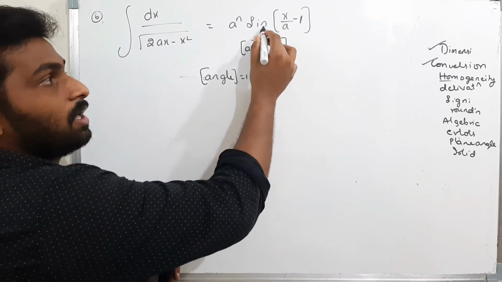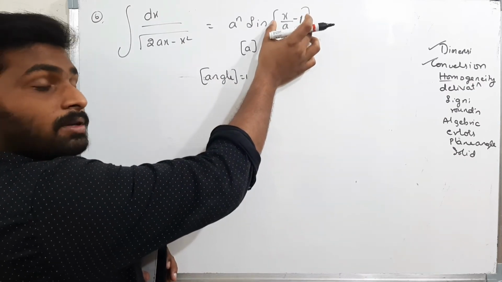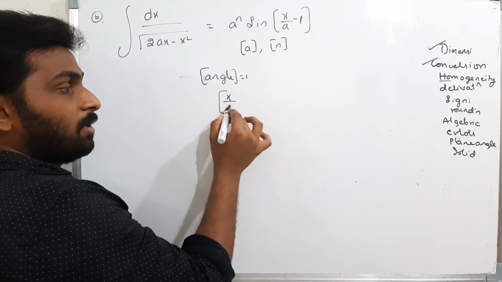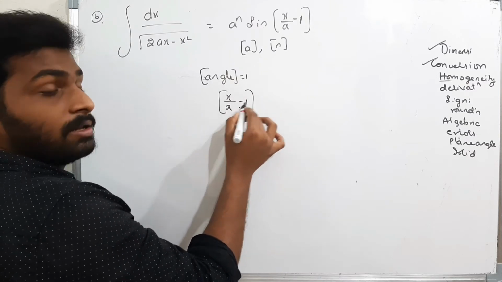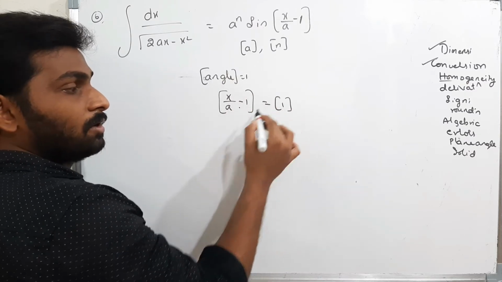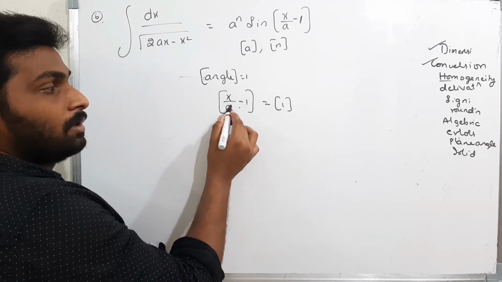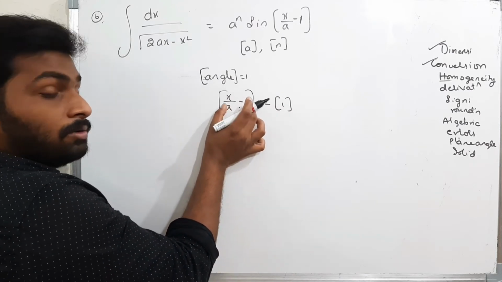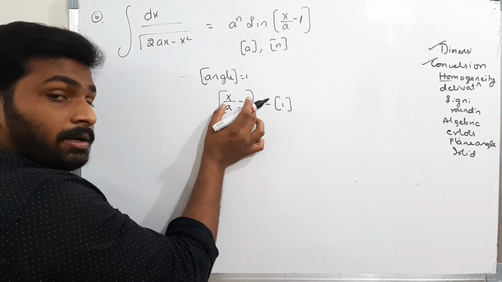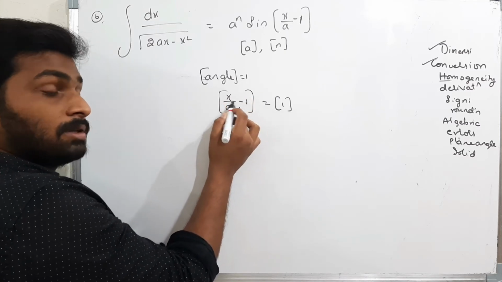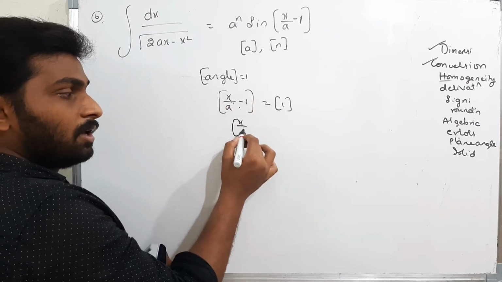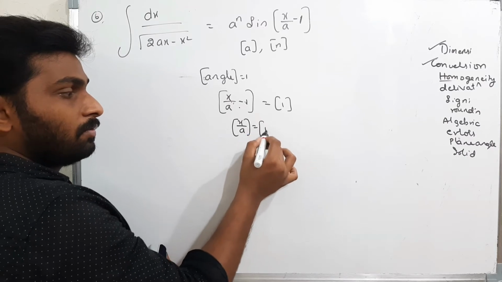Therefore, what is sine x by a minus 1? X by a minus 1 is nothing but an angle. Therefore, the dimension must be 1. If I am adding two terms or subtracting two terms, the dimensional form must be same. Therefore, dimension of x by a must be equal to dimension of 1.